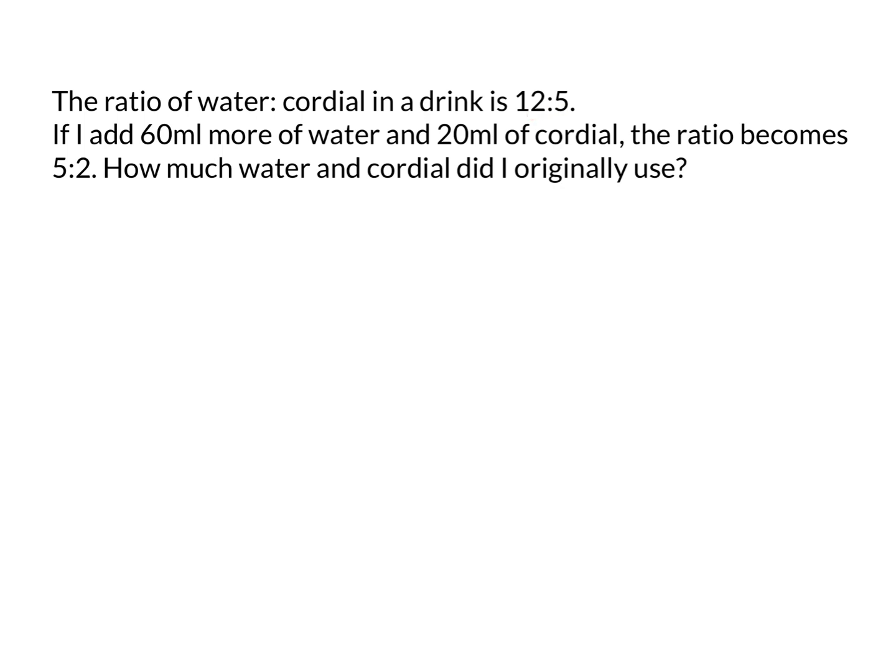We're going to use a trick that we used on the previous slide. If the ratio of water to cordial is 12 to 5, that means the water is 12 times some number in quantity and the cordial is 5 times some number.